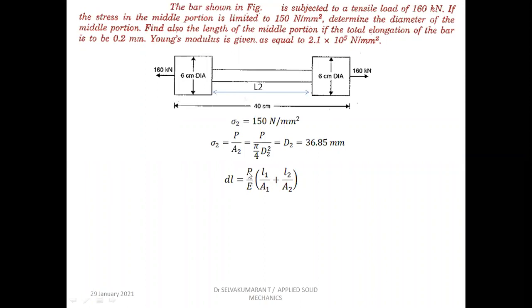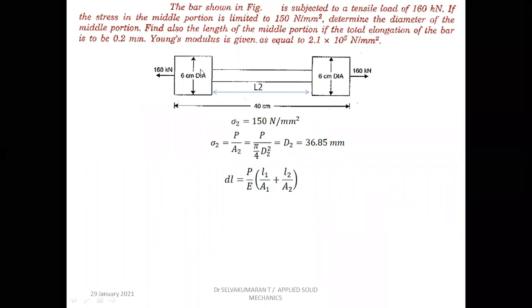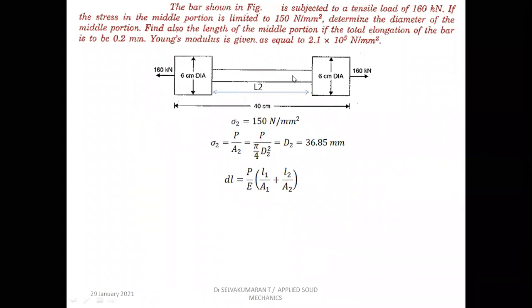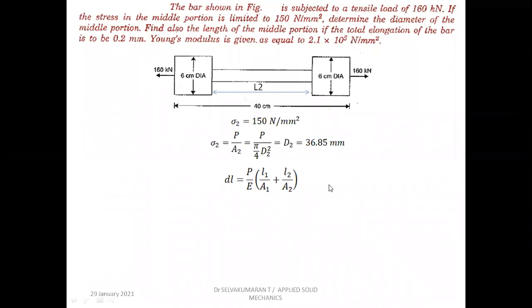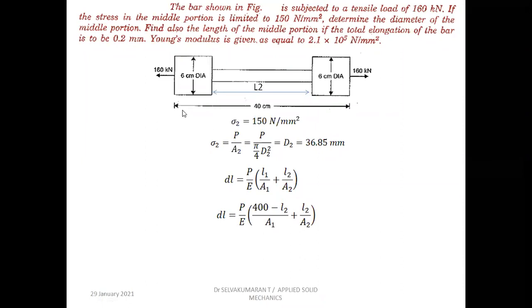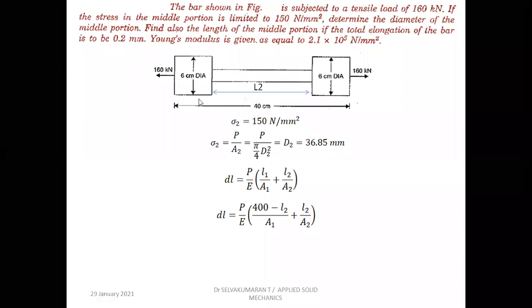P is the common load, and it is made of the same material. So this is L1 divided by A1, pi by 4, 60 square, plus this is L2 by A2, pi by 4, D2 square. This L1 can be written in terms of L2, that is 400 millimeter minus L2, plus L2 by A2.